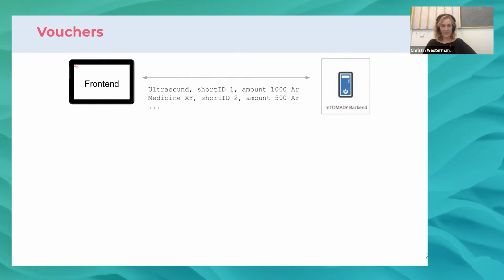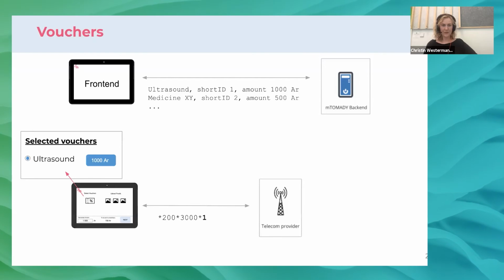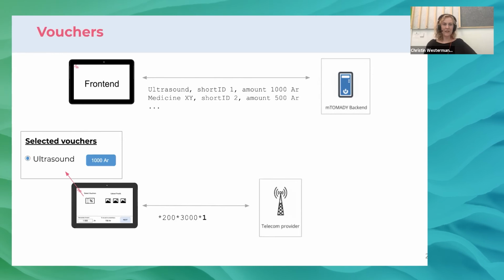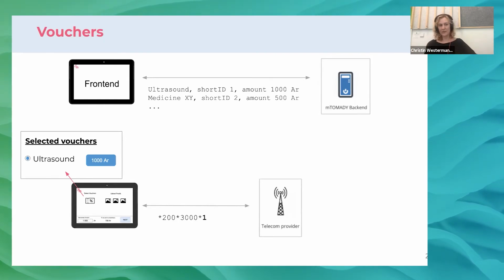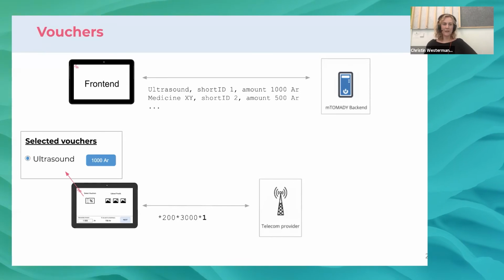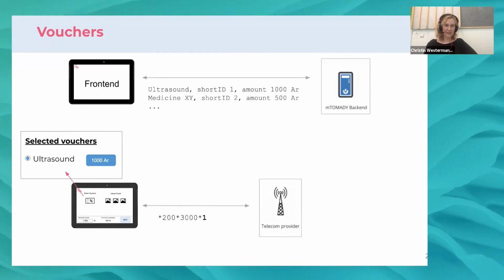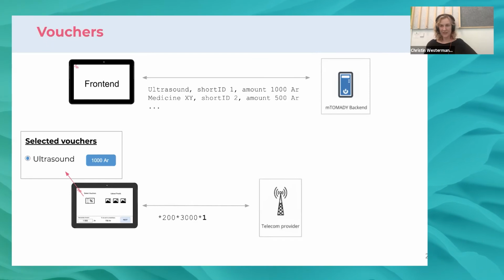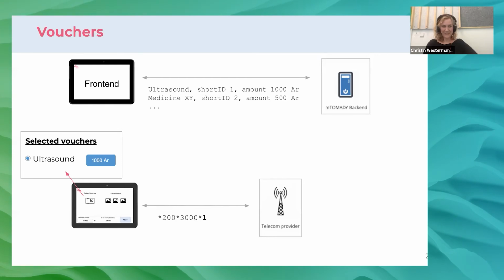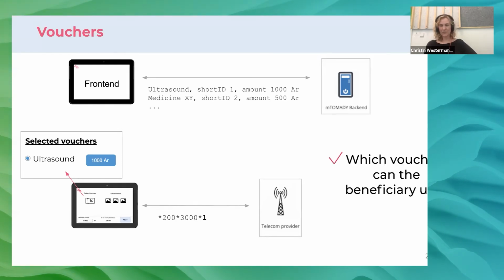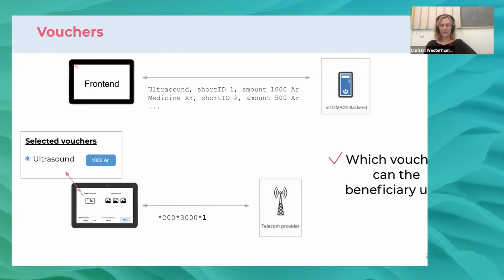So that when our USSD API returns a 1, we can just look it up in our front-end storage. And then in the claim filing flow, we are able to show not just the 1, but that there's a voucher for ultrasound that this patient still has available. And it's worth, in this case, 1,000 Ariari. Ariari is, by the way, the currency in Madagascar. So with this, we have now solved the second challenge: how do we know which vouchers the beneficiary has available?